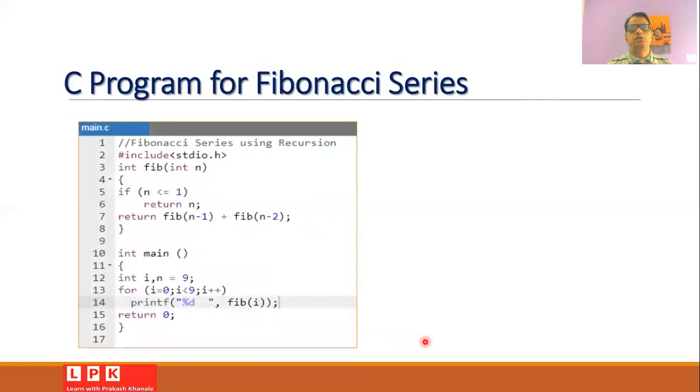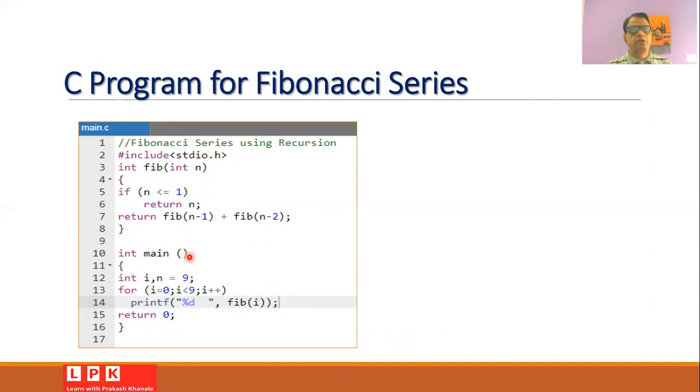Now let us write down the C program for the generation of the Fibonacci series. Initially, we have declared this Fibonacci function FIB. We will check if the value of n is less than or equal to 1. In that case, we will return 1. Otherwise, we will return FIB of n minus 1 plus FIB of n minus 2. That is, we are calling the same function, and therefore we can say that recursion is being employed.